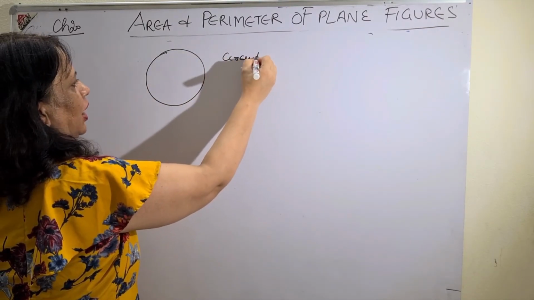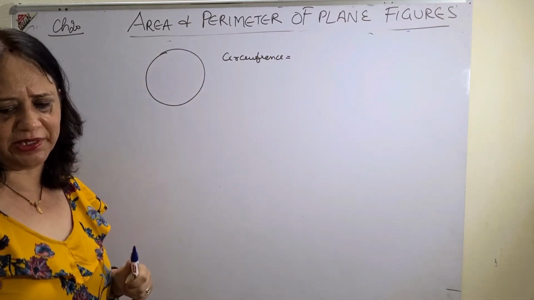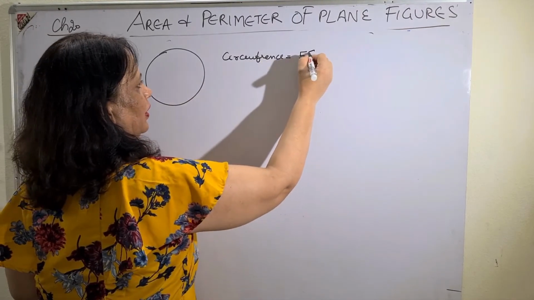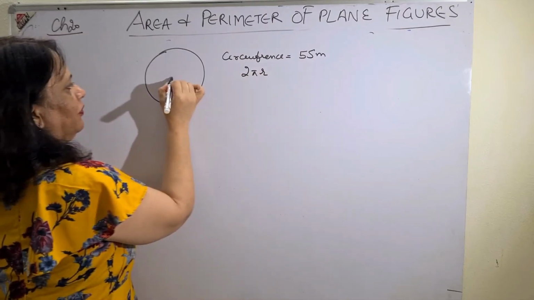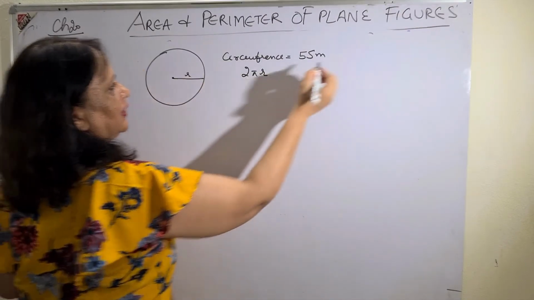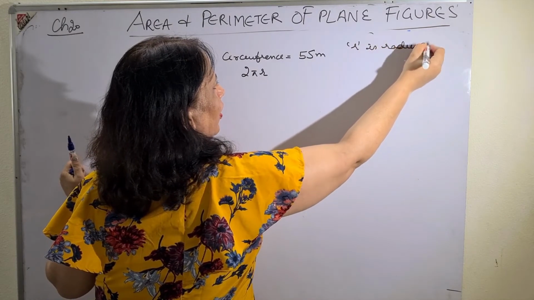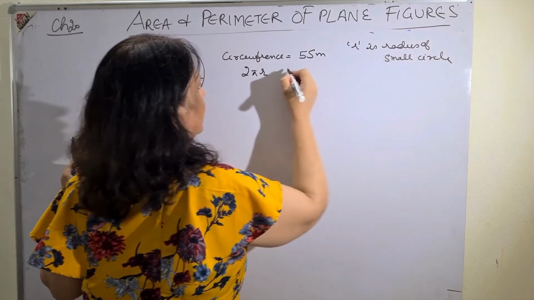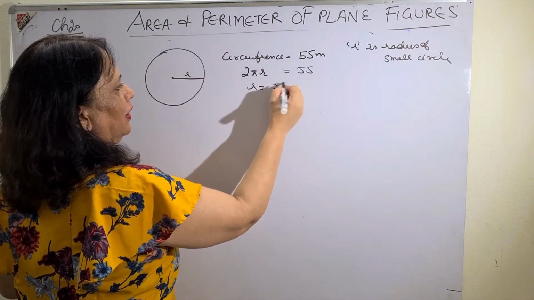Circumference, you know, is the outer boundary or the perimeter of the circle I mentioned in the beginning, and this is given to be 55 meters. So when I put the formula 2 pi r, where r is the radius of the small circle, 55 equals 2 into 22 upon 7 into r, and I have to find r, very simple.